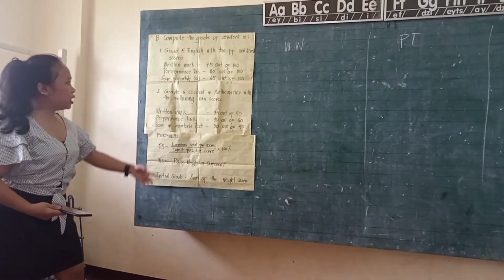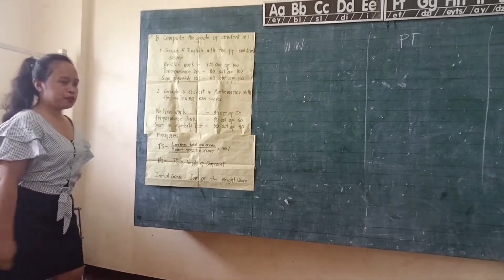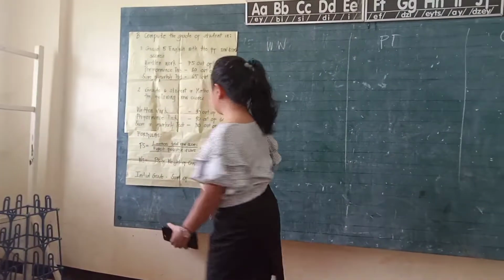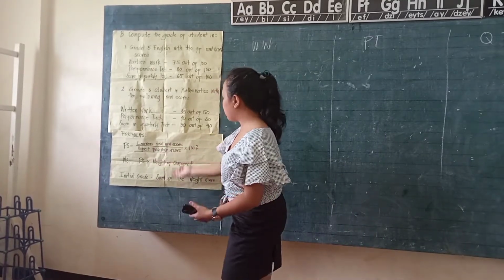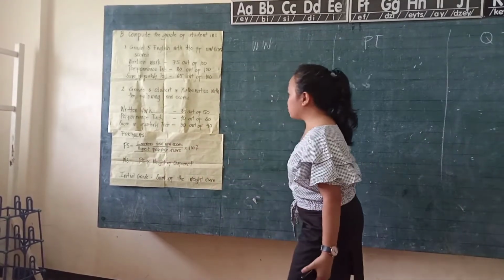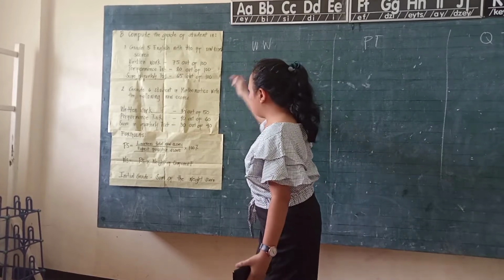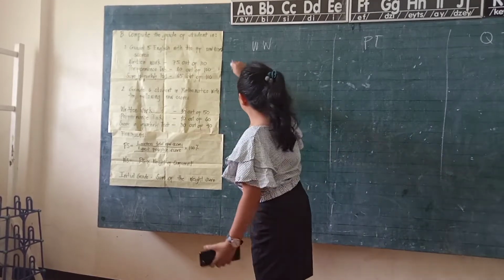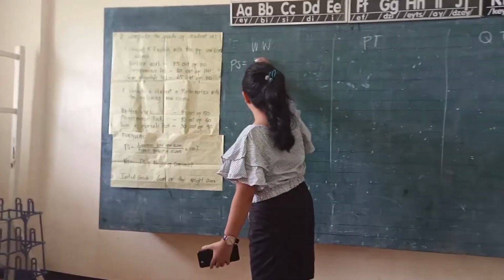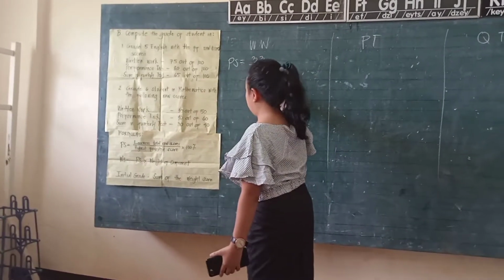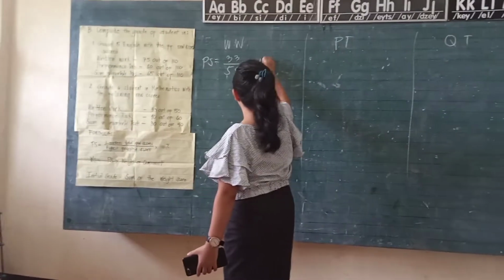First, we are going to find the percentage score. Percentage score is the learner's total raw score divided by the highest possible score times 100%. For the written work, PS equals the learner's total raw score, 33 over 50 times 100%.